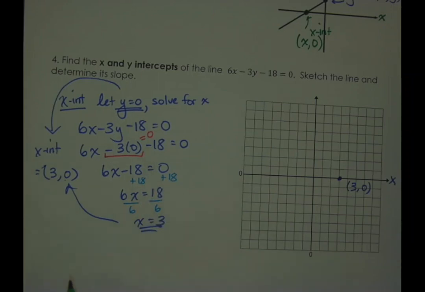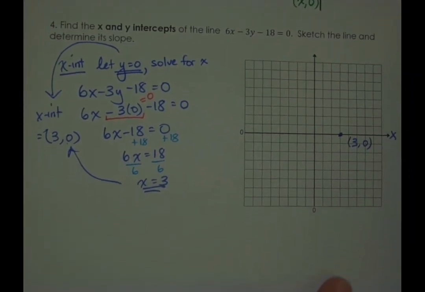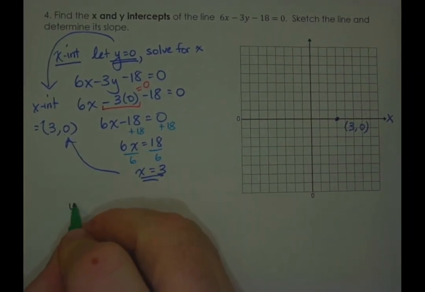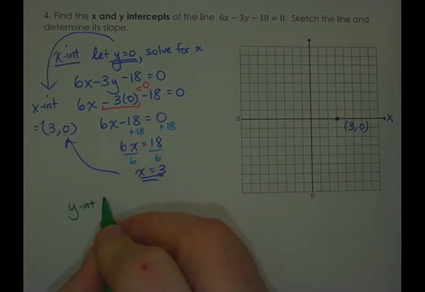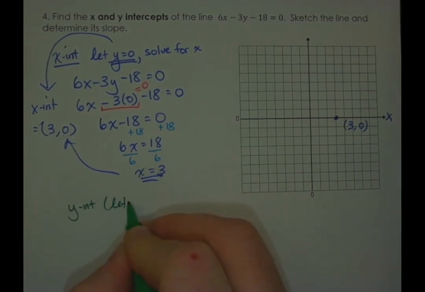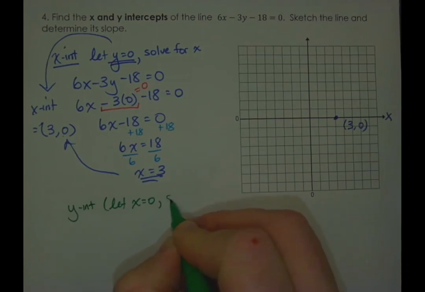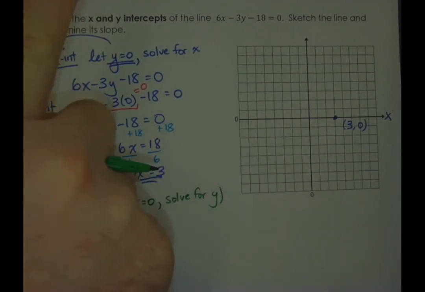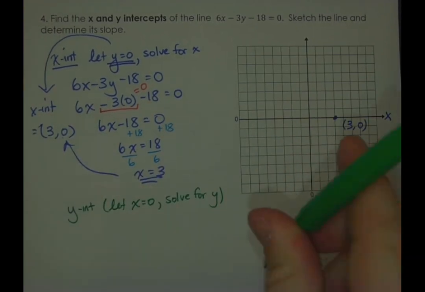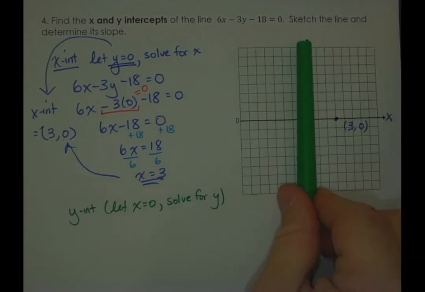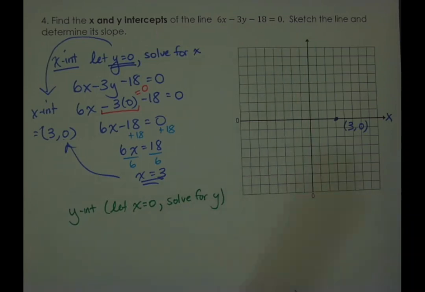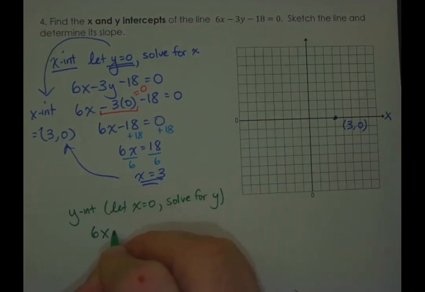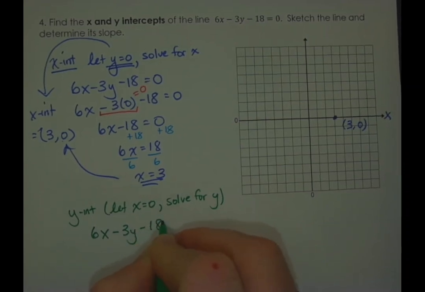Likewise, we can find the y-intercept because we're going to let x equal 0, and then we're going to solve for y, because we know up above, x has to be 0 to be on that axis. So let's write down our equation, 6x minus 3y minus 18 equals 0.